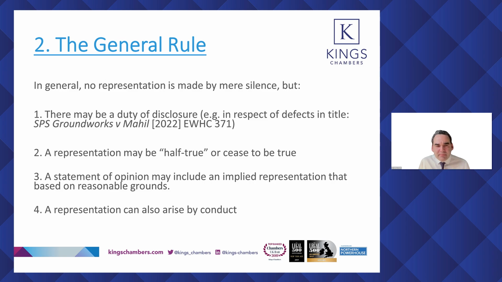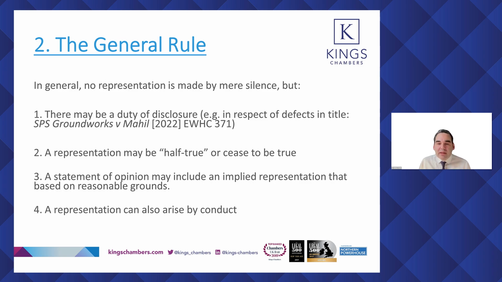And the second type of case that falls within this heading is where a representation's made, but it carries with it an implied obligation to correct it if it turns out or it's discovered that it's not true later on. The third type of case are cases where a statement of opinion has been made, and that can often carry with it an implied representation that the person making the statement has reasonable grounds for the opinion.